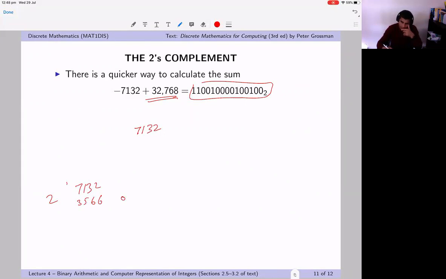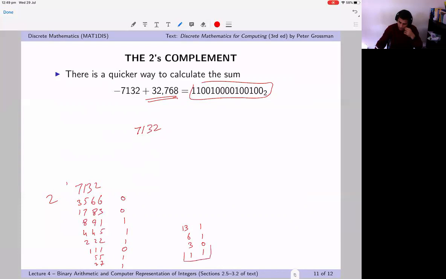Then 1,783, remainder 0. Then 891, remainder is 1. 445, remainder is 1. 222, remainder is 1. 111, remainder is 0. And 55, remainder is 1. 27, remainder is 1. Then 13, remainder is 1. 6, remainder is 1. 3, remainder is 0. And 1, remainder is 1.